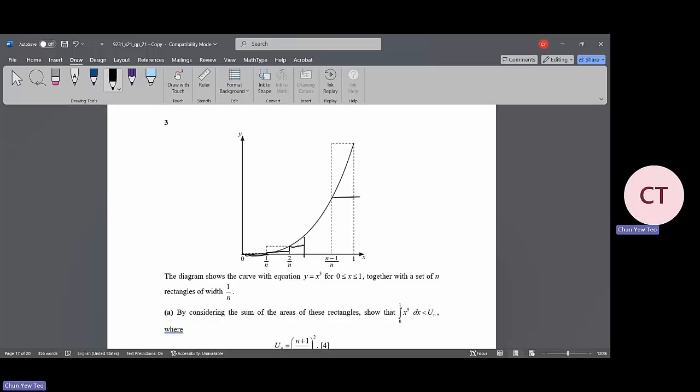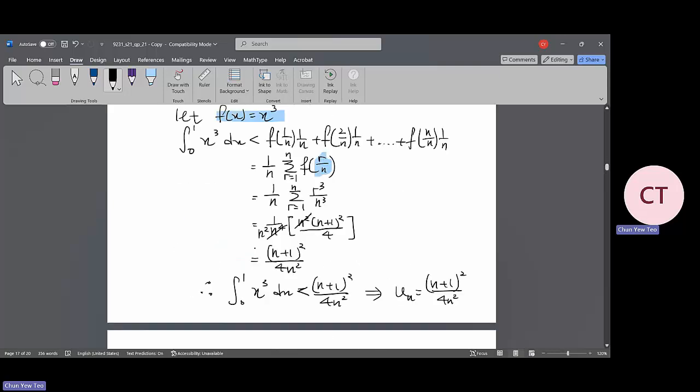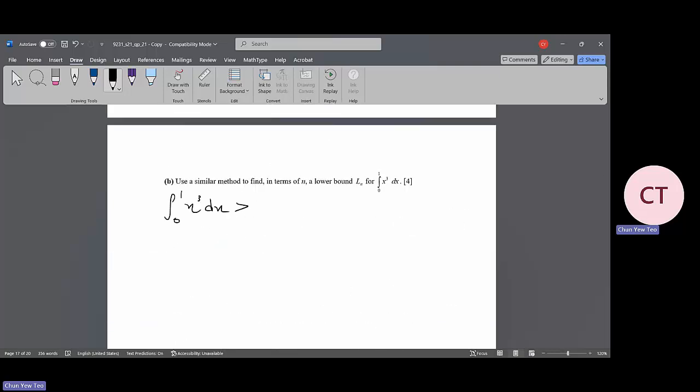So the lowest will be f(0 over n). So you started with f(0 over n) multiplied by 1 over n, plus f(1 over n) multiplied by 1 over n, plus until f((n minus 1) over n) times 1 over n. So this will be the same as n minus 1.